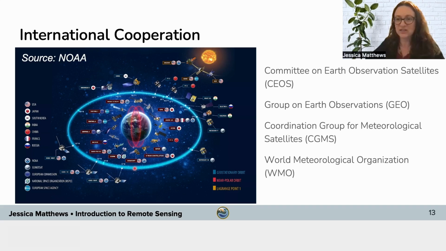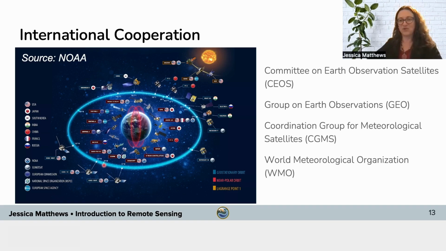International cooperation is really important as far as sharing information about our changing Earth system, which involves all of us. So this figure on the left illustrates all of the satellite missions that are currently in orbit from a number of different countries across the world. You can see in the blue highlighted region, that's the geostationary orbit that we talked about earlier.